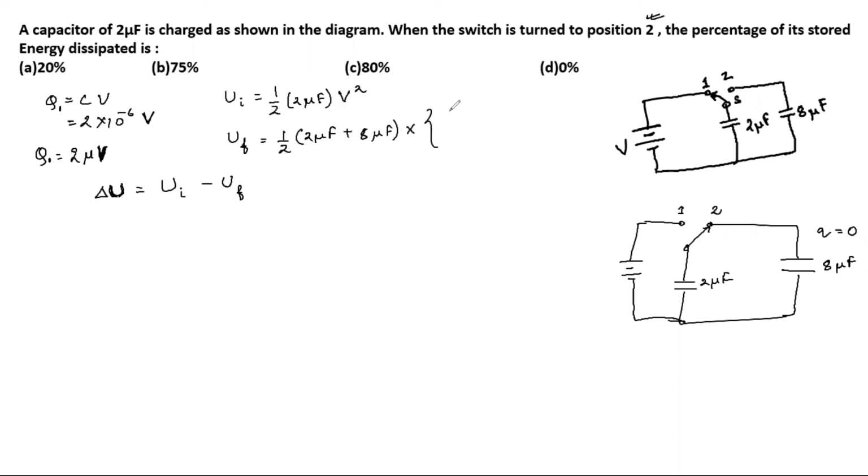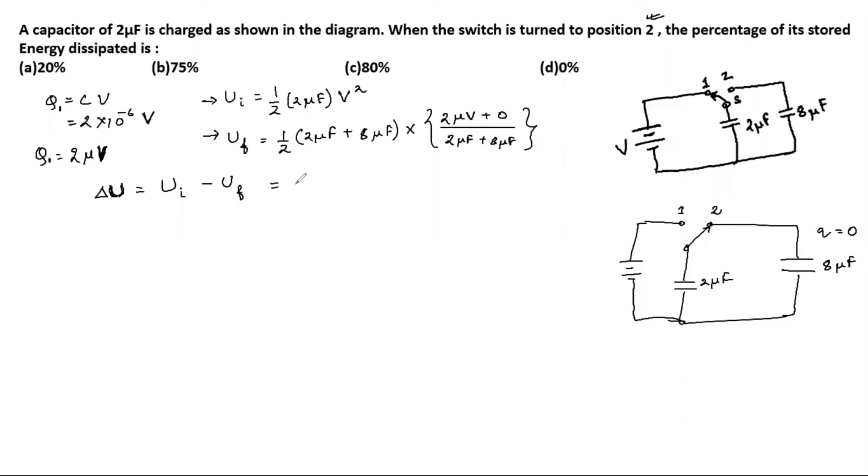Common potential is nothing but net charge by net capacitance. Net capacitance is 2 microfarad plus 8 microfarad, and our net charge will be 2 micro V plus 0, because initially the second capacitor did not have any charge. So these are our initial energy and final energy.